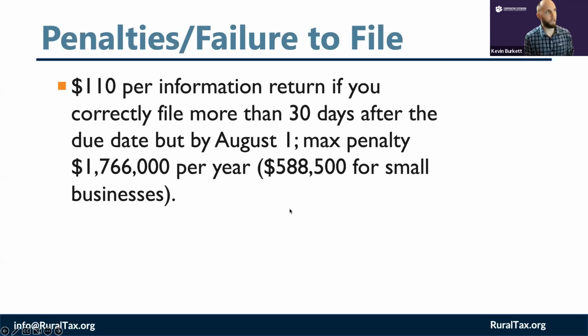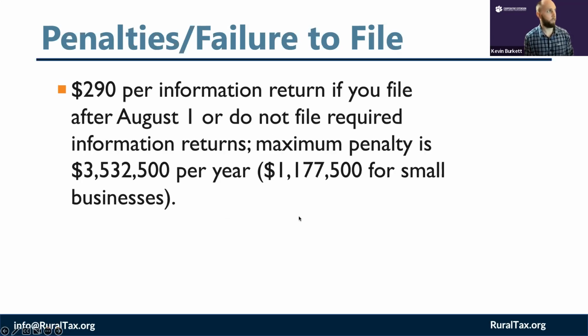Then the penalty jumps up once you're past 30 days, but if you file by August 1st, it's $110 per informational return. It jumps up again if you file after August 1st, or you did not file the returns at all, to $290.